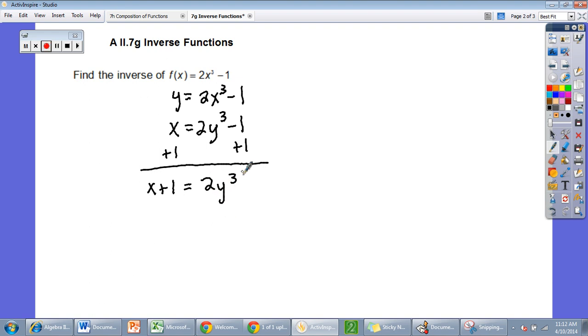Then we don't want to deal with this exponent first. We want to do that last. So we're going to divide by 2, divide by 2. And I'm going to go up over here so I have some more space. So x plus 1 over 2 is equal to y cubed, and then I would take the cube root of both sides.